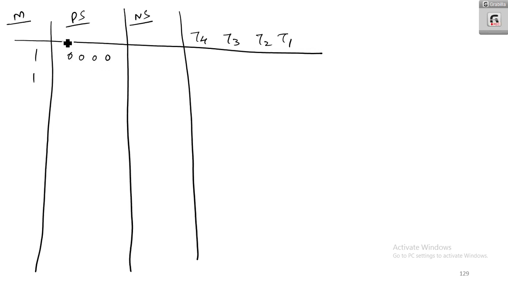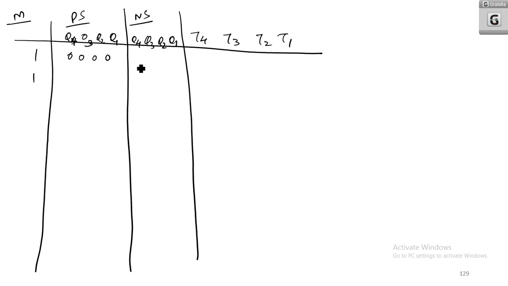That is Q4, Q3, Q2, Q1. Now in this case, if I am going for up count, M remains as 1.